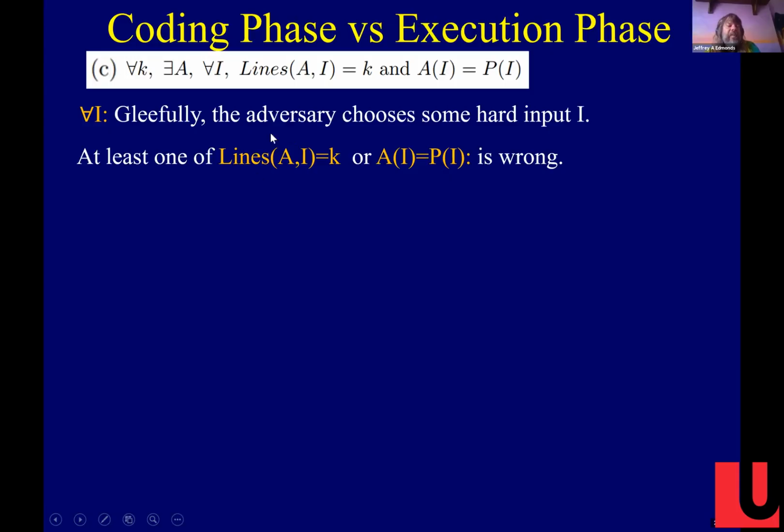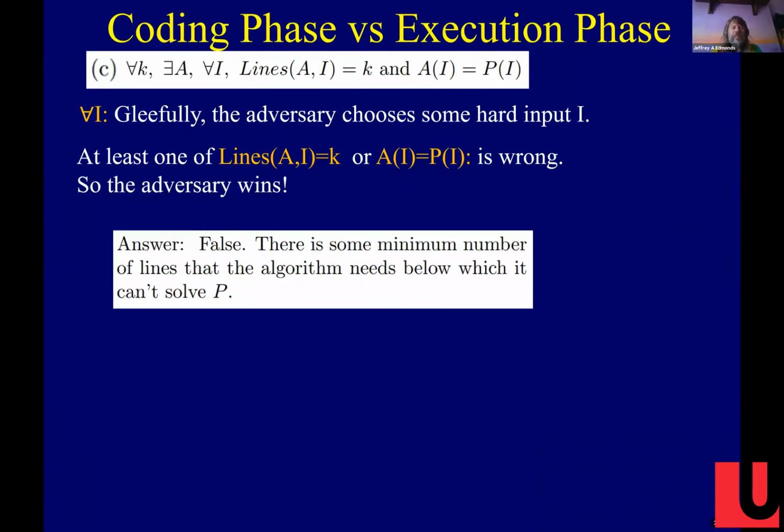And if the algorithm does have 2 lines of code, then maybe there's some inputs on which it gives the right answer anyway, but there's some input on which it gives the wrong answer. So he'll come up with an input on which it gives the wrong answer. I should remember to change those slides.